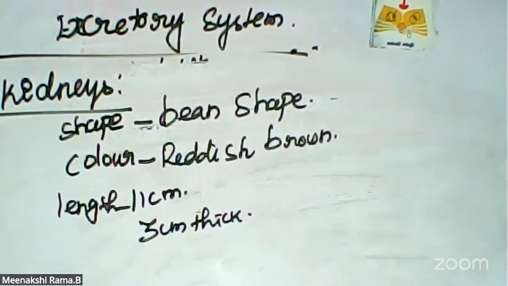The kidney is covered by layers of fibrous tissue, that is the renal capsule, then the adipose capsule, and the fibrous membrane also. The kidney consists of an outer dark region, the cortex, and an inner lighter region, the medulla part.